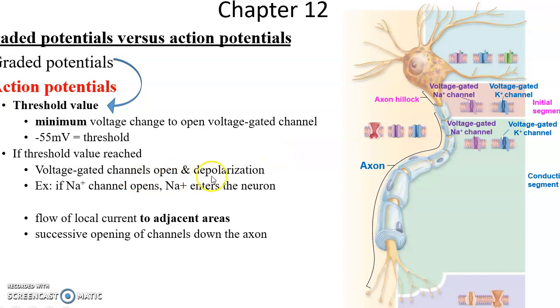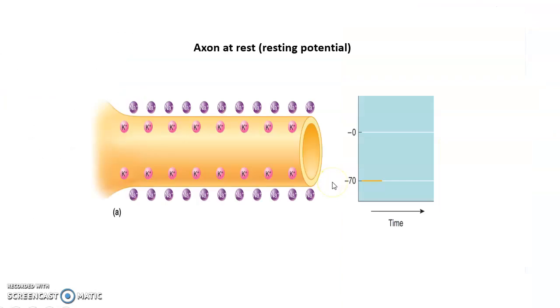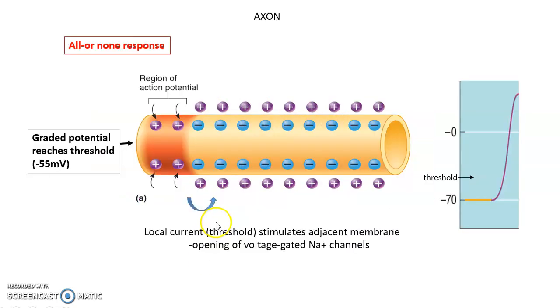Sodium ion channels will allow sodium to enter, leading to depolarization. And then that change in charge will be significant, a rather massive amount of depolarization, which will then flow to adjacent areas, causing the next set of voltage-gated sodium ion channels to open, and so on down the axon. So here is, say, the axon hillock and axon at rest, negative 70 millivolts.